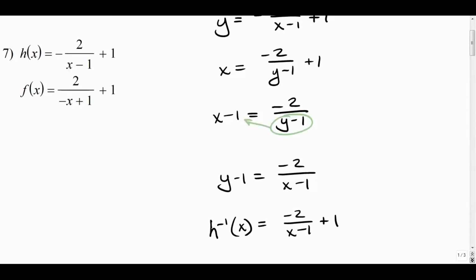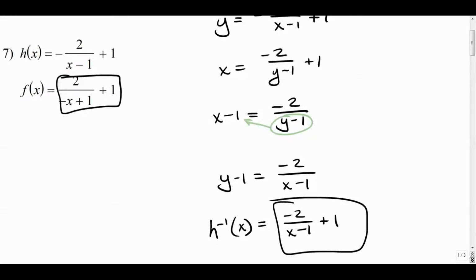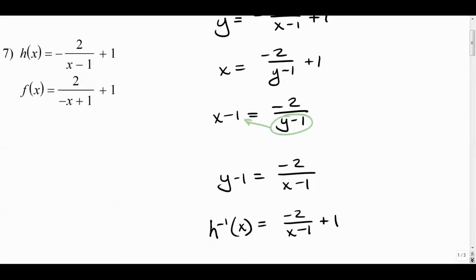We use that little notation, negative 1. Is that exactly what I have here? Well, visually not exactly, but let's see if it mathematically is true. Let's see if this is precisely the same as this. I notice that I have the same number in the back. That's good.